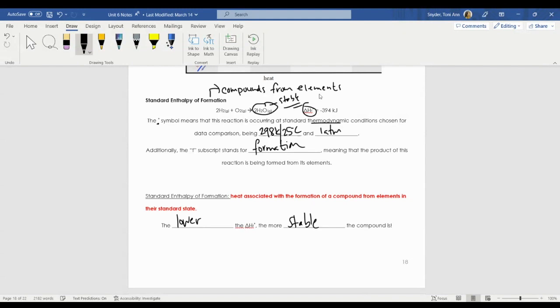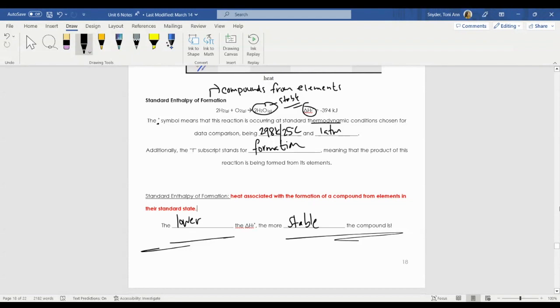Water likes to exist because it releases a lot of energy in that process. So the more energy a compound releases when it's formed, the more stable it is. Endothermic reactions typically don't want to occur because they need to absorb heat from the surroundings. It's much easier for reactions to release heat in the process. So the lower the heat of formation, the more stable the compound is.